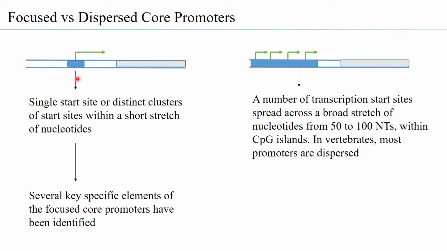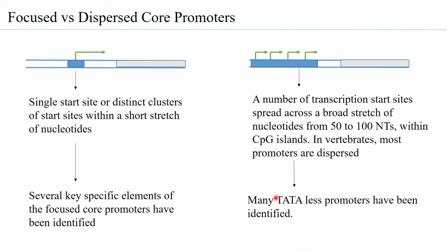The focused core promoter, in fact, has been very extensively studied, and several key specific elements, that is, the cis elements, have been found to be associated with the focused core promoters, and they have been studied extensively, also understanding what the sequence is, whether it has a consensus, whether it is conserved, and so on and so forth. In case of the dispersed promoters, what has been noticed through various studies is that many of the dispersed promoters are TATA box-less promoters.